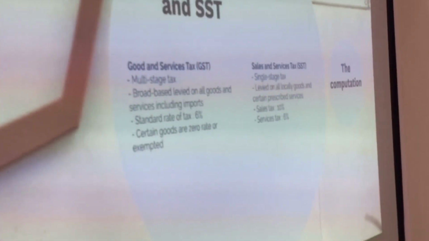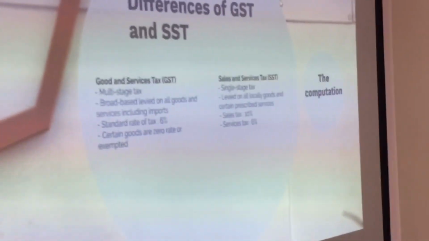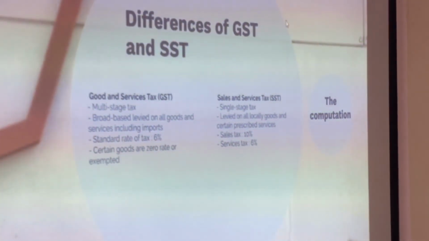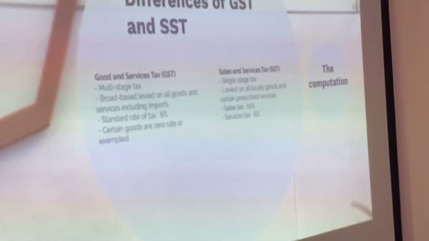GST is a multi-stage tax, while Sales and Service Tax is a single stage tax. GST is levied on all goods and services including imports, but SST is levied on locally produced goods and certain prescribed services, not all services.